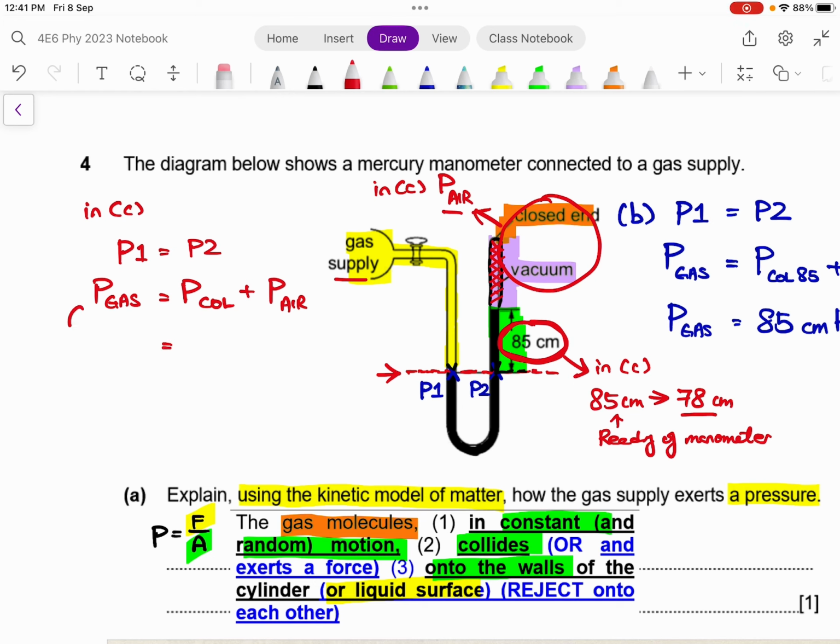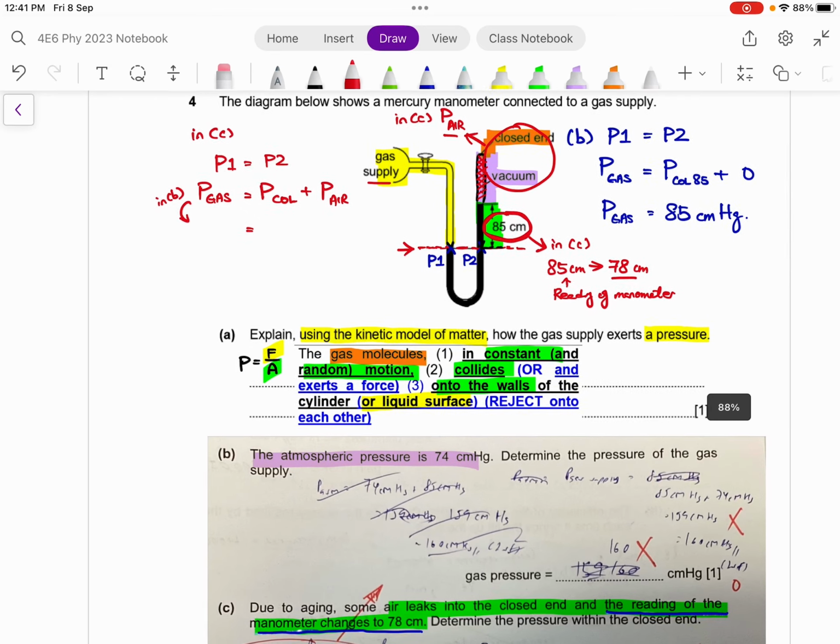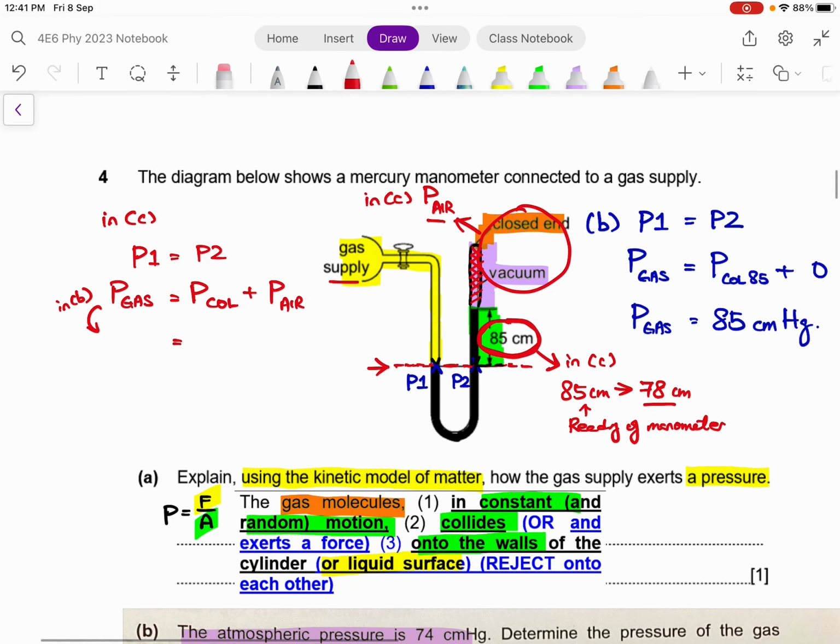In B, you have already found the pressure of the gas supply, which is 85 cm Hg. The pressure of the column has now changed to 78 cm of mercury. The pressure of the air inside this initially vacuum closed space, we do not know, and that is what we want to find out.